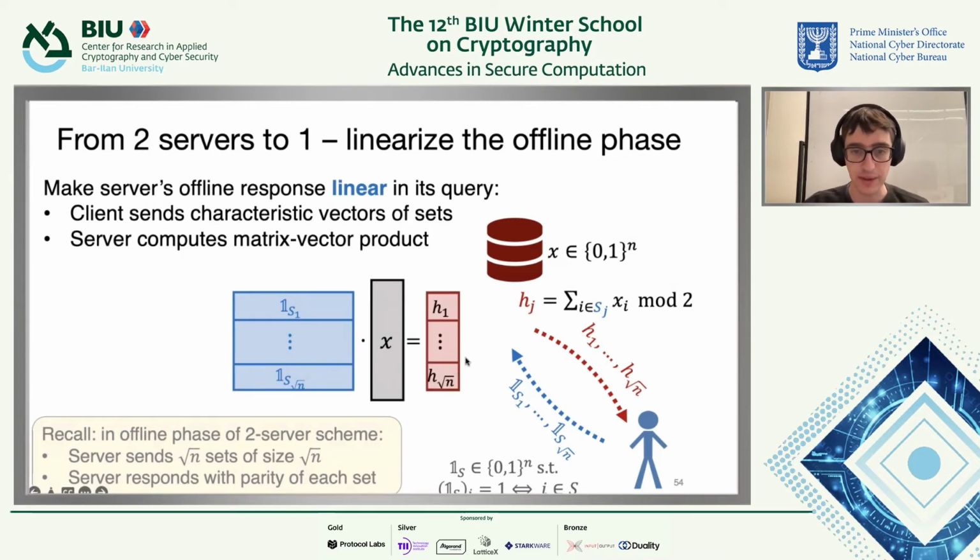If you do this matrix vector product, then each element in the result is the parity of the database bits indexed by the set represented as a characteristic vector. What we've done here is find a representation of the input. Instead of sending the sets explicitly as a list of indices, we've represented them as vectors. And what we've gained is that the server can now compute its response as a linear function of the input. That was our goal.